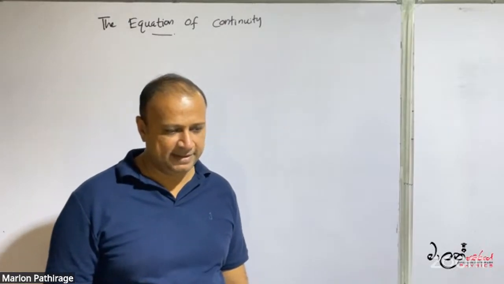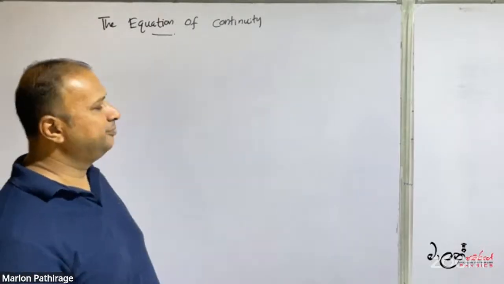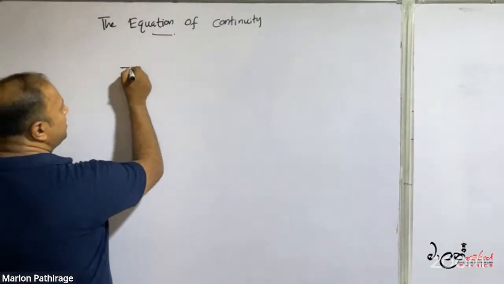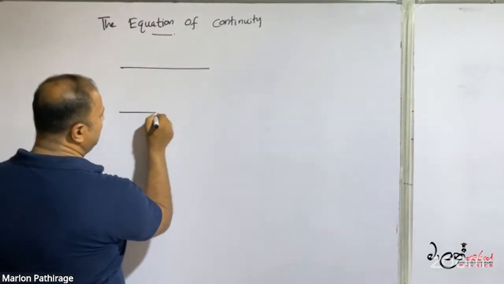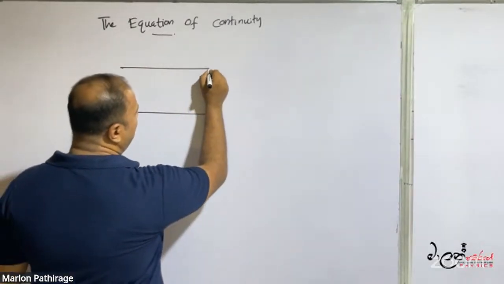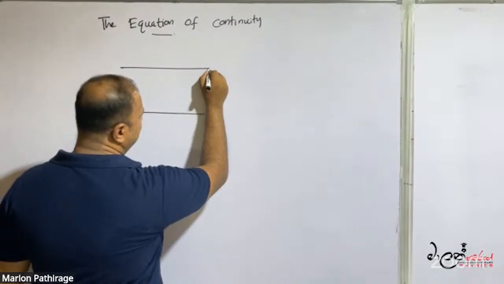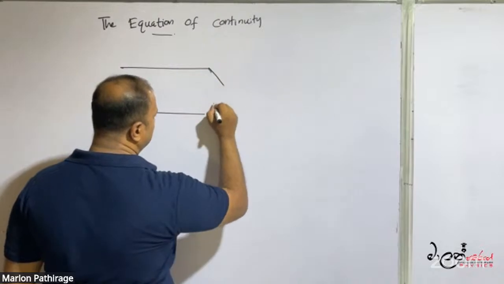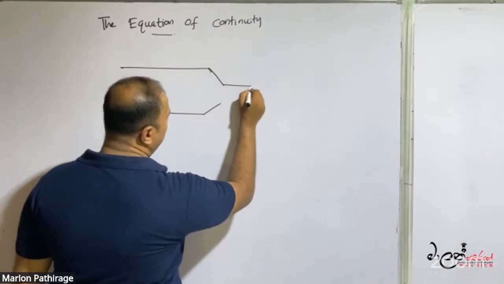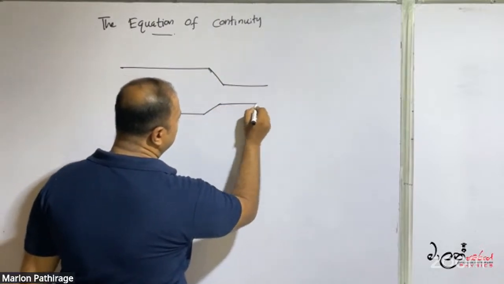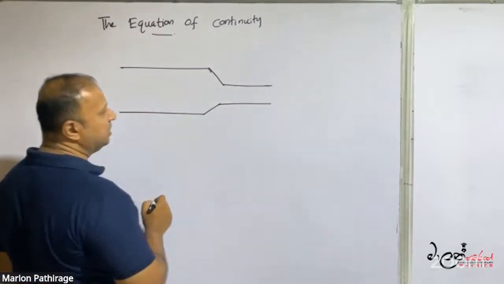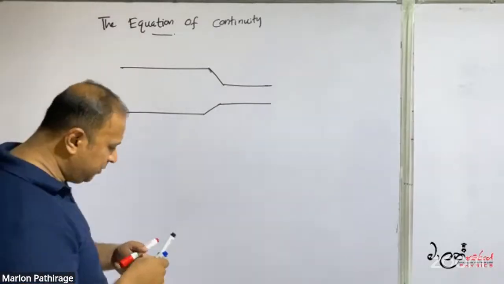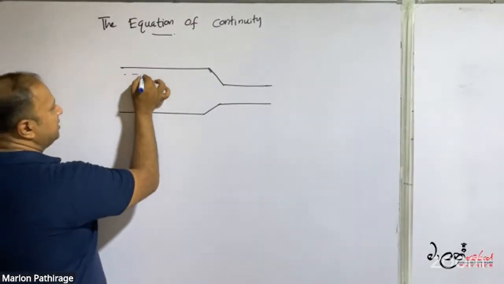Now, look at this one. Suppose this is a tube, okay, and the cross section of this tube is decreased at a certain point. Now there's a fluid for you.